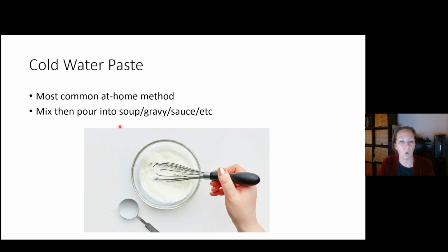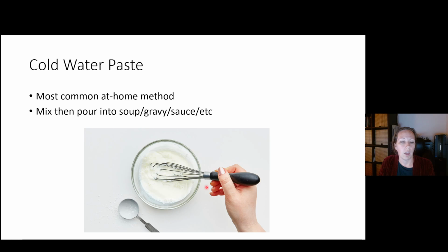So you mix it into cold liquid, and just doing it in a small amount of liquid allows you to disperse those starch granules much more easily than if it were in a bigger amount of liquid.